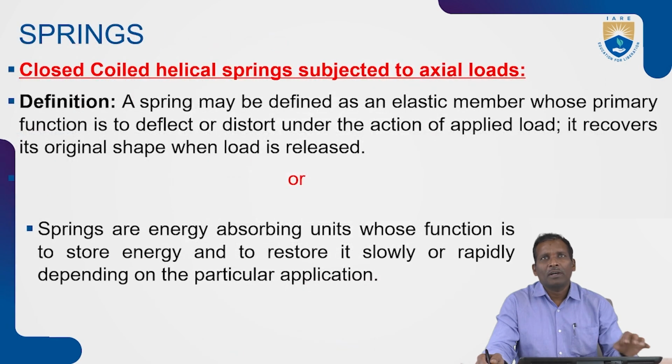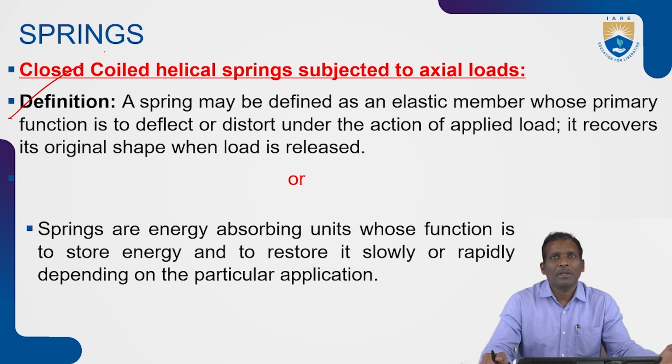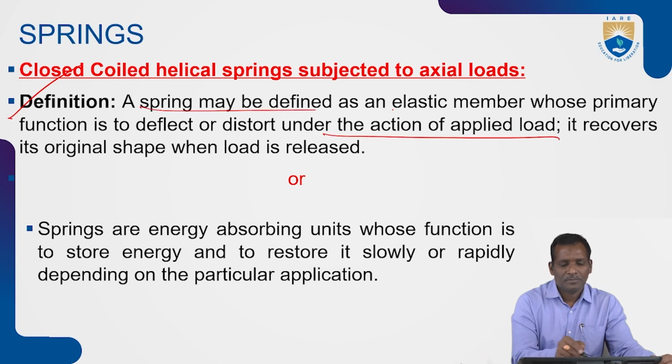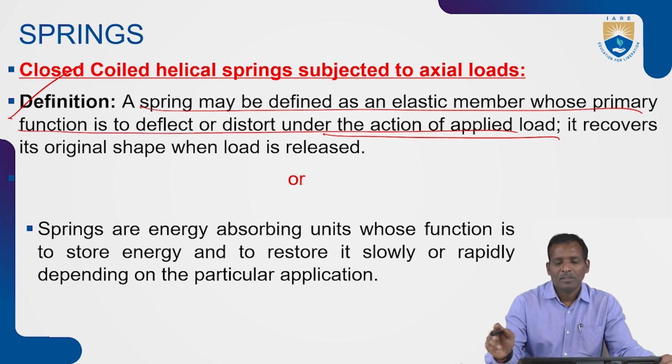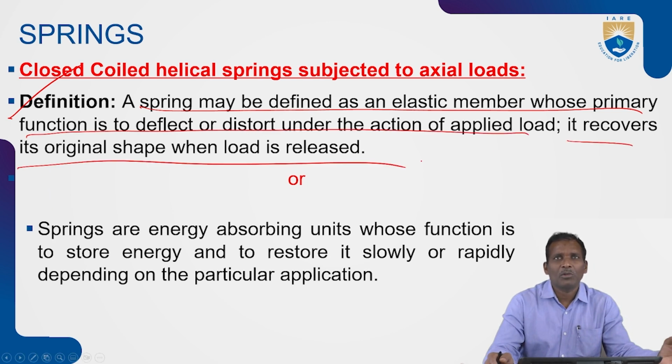So next, closed coil helical springs. So definition: a spring may be defined as an elastic member whose primary function is to deflect or distort under the action of applied load. It recovers its original shape when load is released.